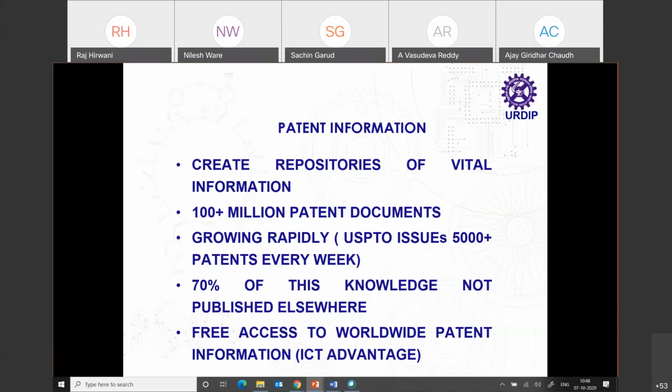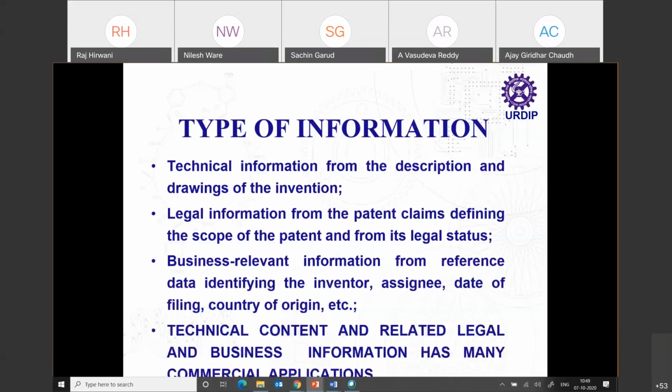If you have read a patent document, you get technical information from the description and drawings of the invention, which fully disclose it. You get legal information from the patent claims, which define the scope of the patent and whether it is currently in force, expired, whatever it is.